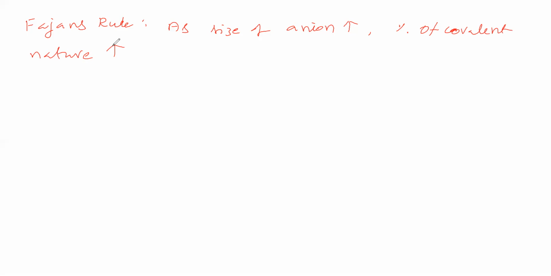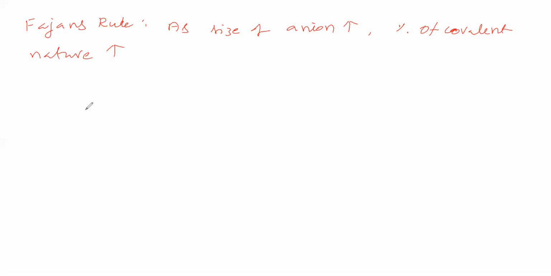So when the anion size increases, the percentage of covalent nature increases. In Fajans rule, there is another point we will see.